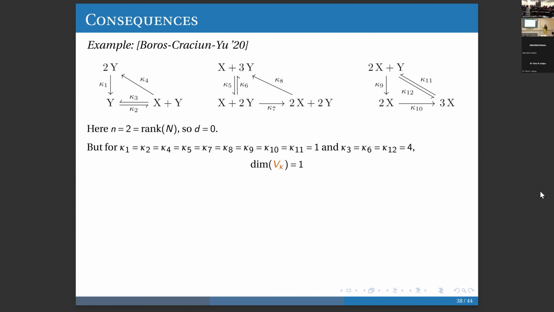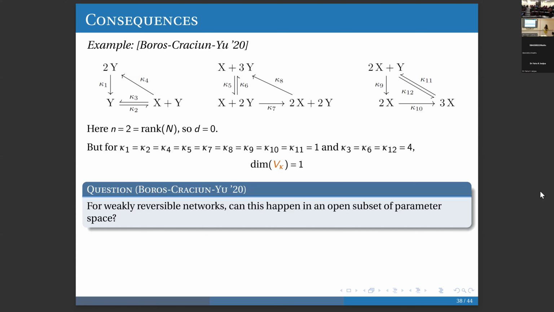They were wondering whether this could happen for weakly reversible networks. I told you yesterday that weakly reversible networks have some special properties. So we can, for instance, state that they always have these steady states. And if we know the deficiency, then we know something about the non-degeneracy. So these were their questions.